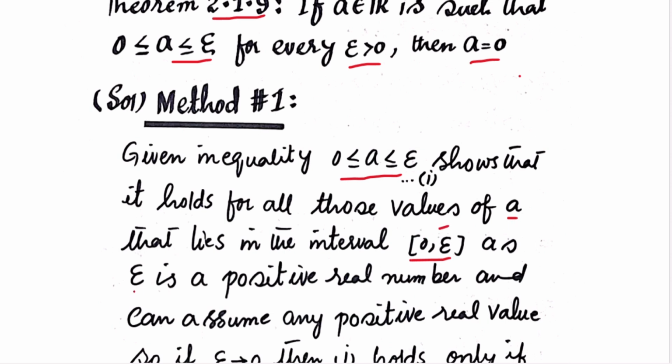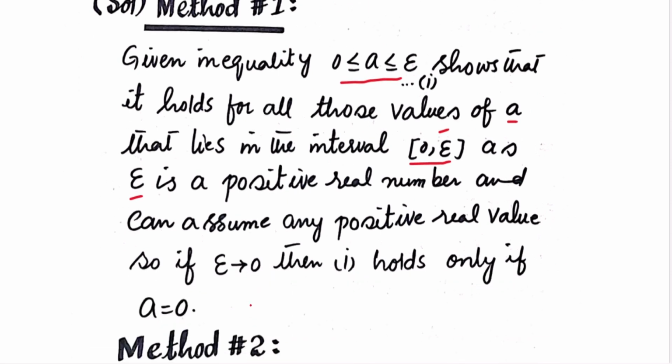As epsilon is a positive real number and can assume any positive real value, if epsilon approaches 0, that is, if epsilon lies in the neighborhood of 0, then this inequality holds only when a is equal to 0.